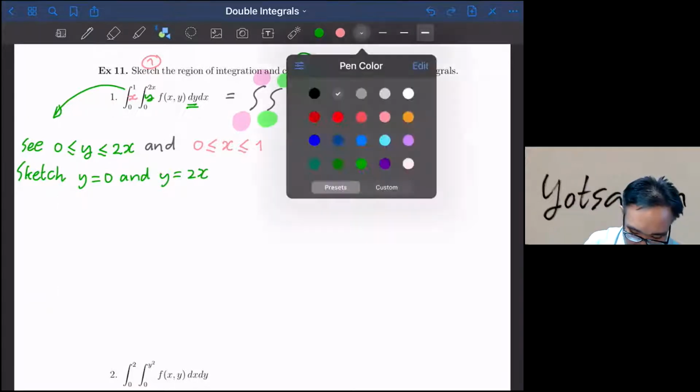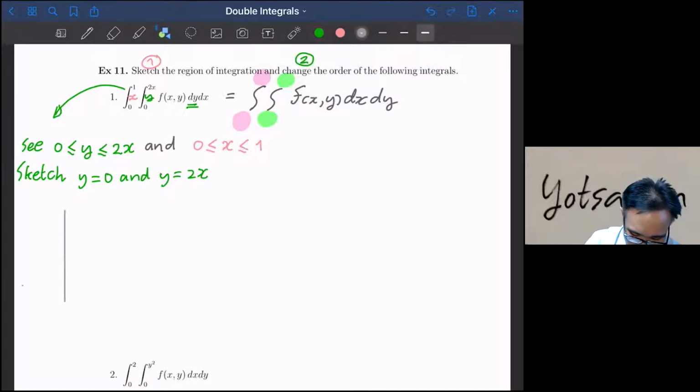Let me change the color a little bit. You have y equal to 0, which is the x-axis, and you have the y-axis here. And y equal to 2x is this line.